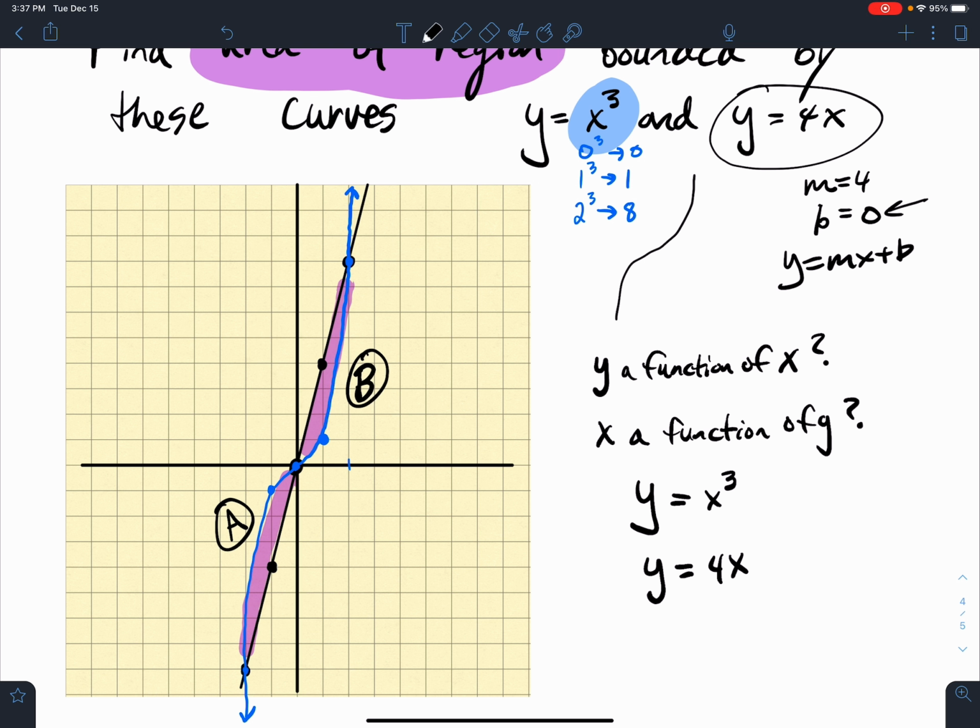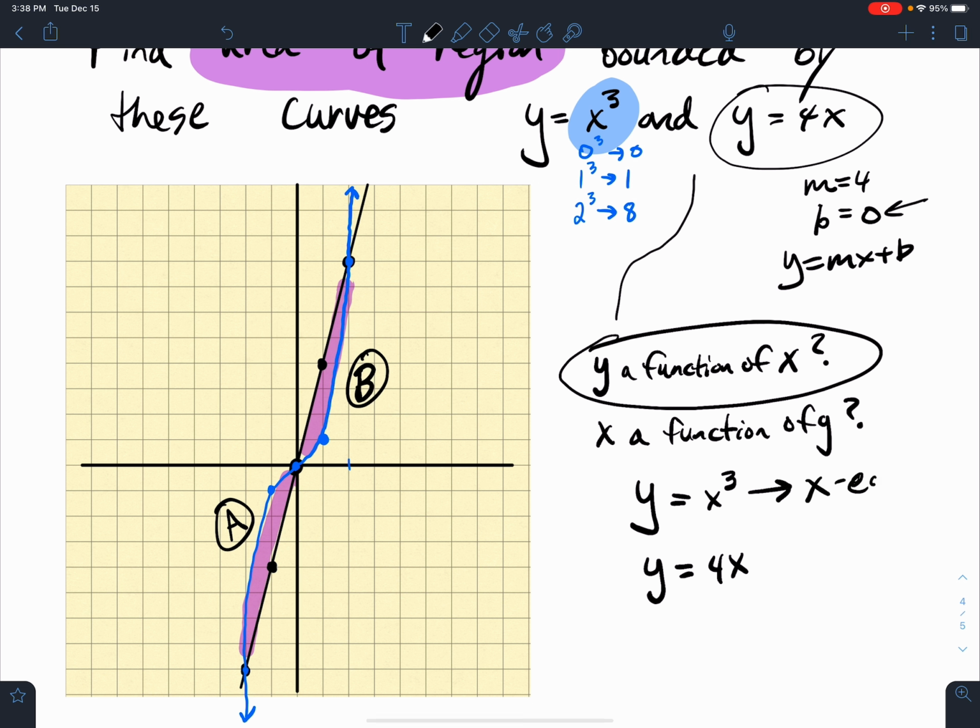So when I look at this, y equals something in terms of x. This is the first scenario right here. Y is a function of x. So if I have y as a function of x, that's x easy. So these are already set up to be x easy.